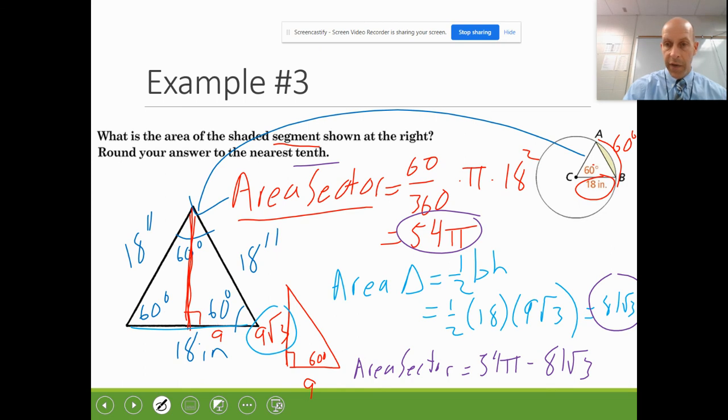I'm going to put this in my calculator: 54 pi minus 81 square root of 3, and I get my answer to be 29.3, and this would be inches squared.